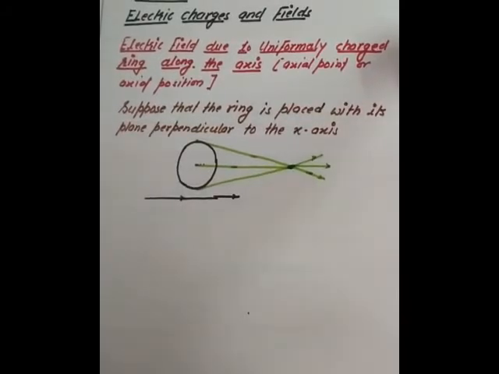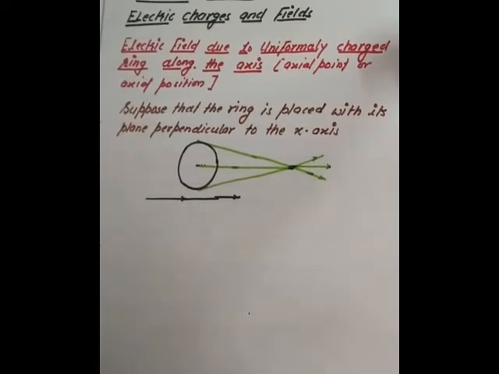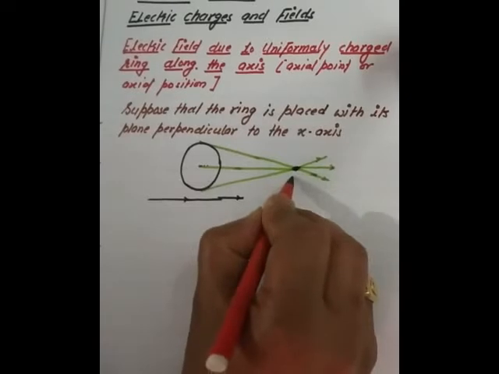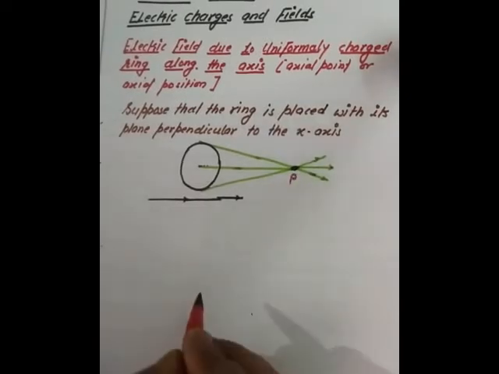We have to find the electric field due to the charged ring at a point P. It is point P.